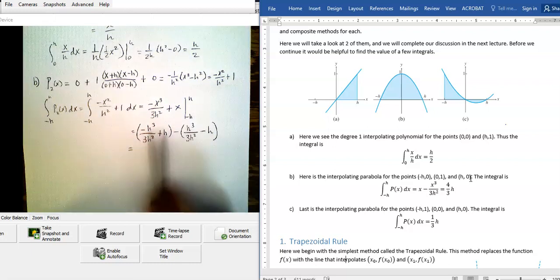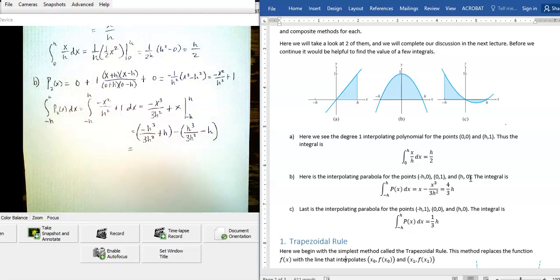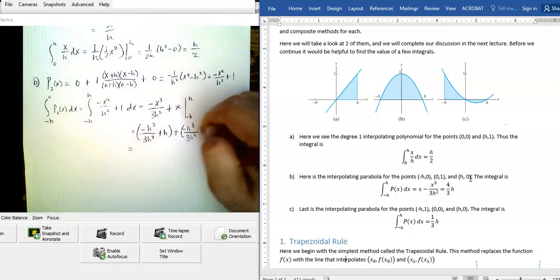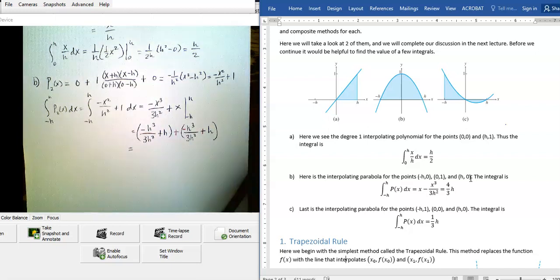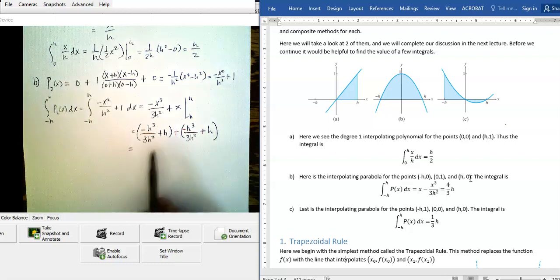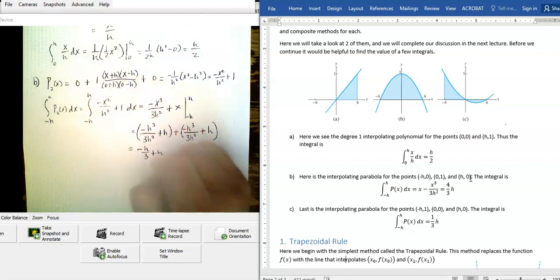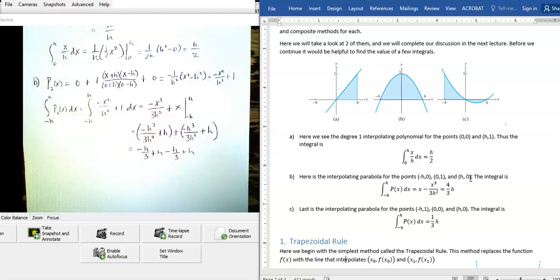So we see this is exactly the same integral if we change those signs, right? Plus, minus, plus. These can actually be reduced to negative h over 3 plus h minus h over 3 plus h.